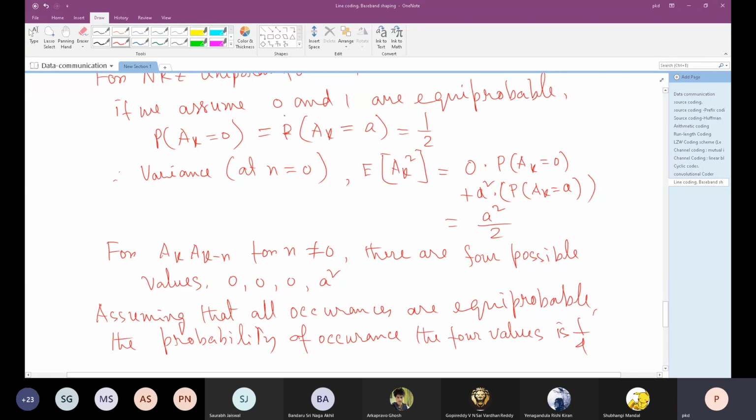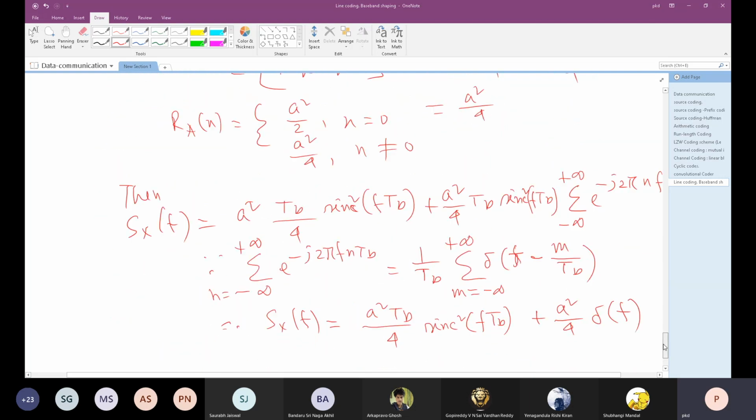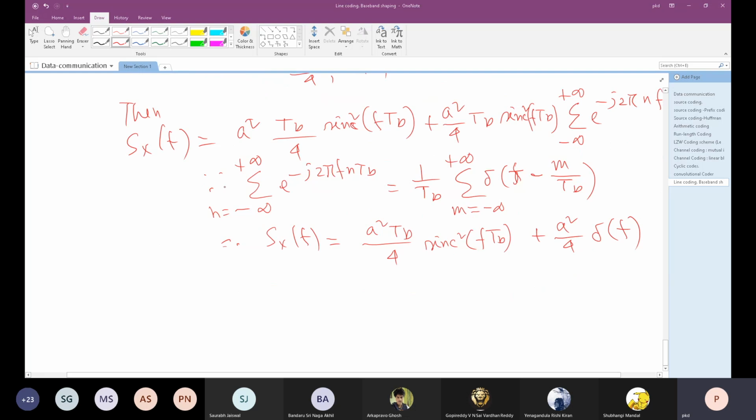The symbols 0 and 1 are coded differently in different line coding formats, so accordingly that will create a component of the spectrum. Then another component is created by the pulse shape, that is v(t). So both together we have computed this spectrum.